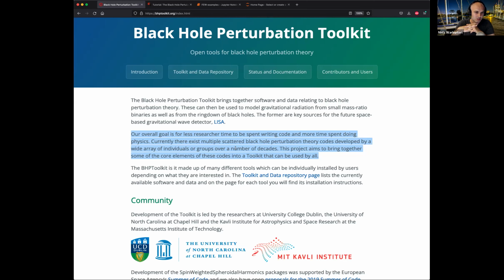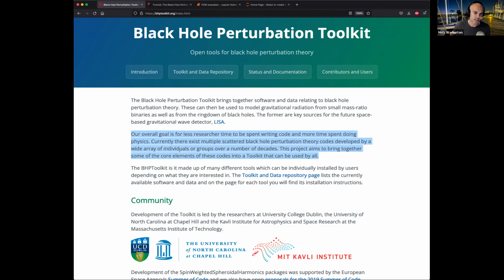So the reason the toolkit came into existence is that about 2015, 2016, we realized that people have been writing, for instance, Teukolsky codes, since the 70s, basically. And yet, even in 2015, there were no publicly available Teukolsky codes. Everyone who wanted to solve the Teukolsky equation went ahead and did it themselves. They wrote a new one from scratch, or at best they borrowed one from a colleague who'd written it before.